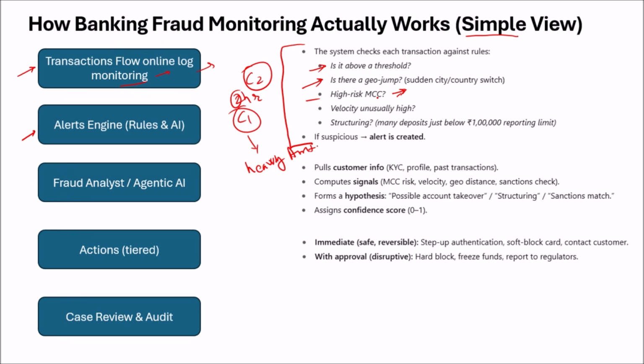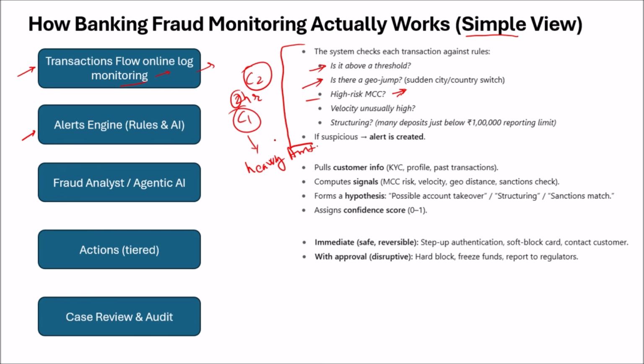MCC means merchant category code. Generally the banking system uses a 4-digit category code to represent different transactions like online purchase, offline purchase, ATM withdrawal, international or national transactions. Based on that type or category of transactions, the banking system considers some transactions risky, for example ATM withdrawal, online transactions, international transactions.